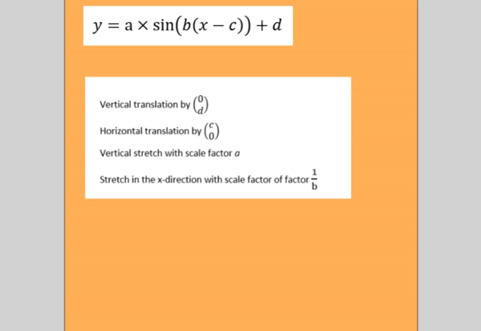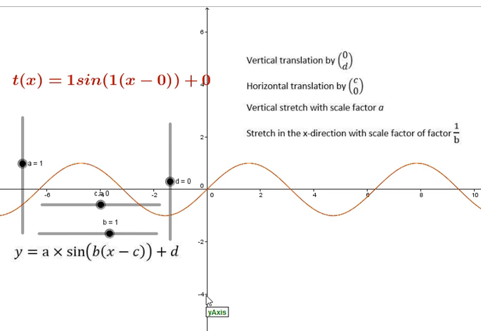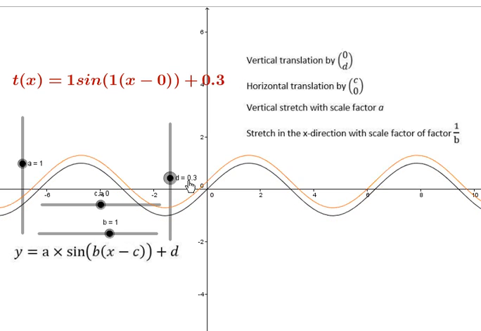Okay, now let's answer the question we're looking for, and that is what happens when we have a trig function being transformed. Well, the good news is it's just the same. So here we have d outside the brackets. Outside means vertical. So like before, it's a vertical translation.